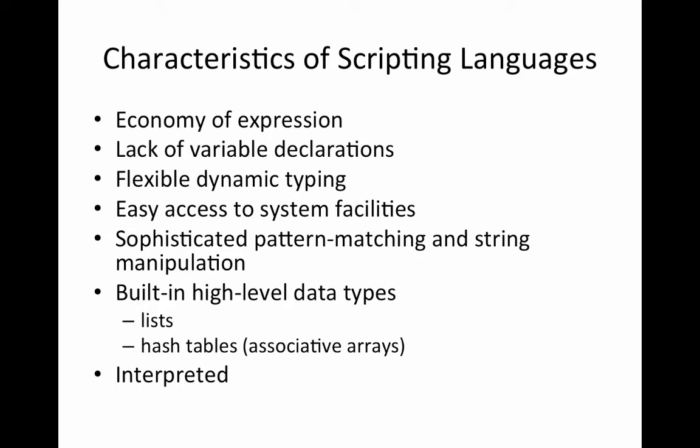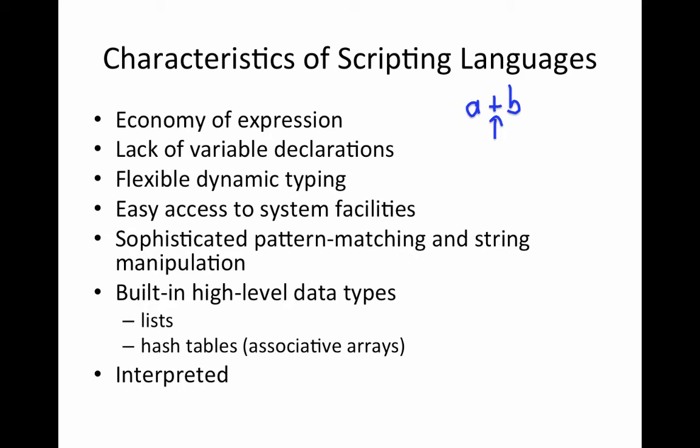Now, because it's interpreted, it doesn't do sophisticated analysis of the code, so it can't do any kinds of optimizations. Because there's flexible dynamic typing, even if it could compile, it wouldn't be nearly as efficient, because a lot of efficiency in a language comes from knowing that if I do A plus B, I can substitute for plus a machine instruction for an integer add or a floating point add or for string concatenation.